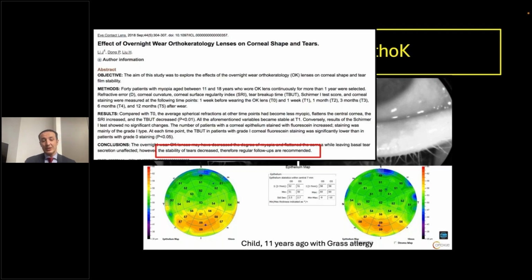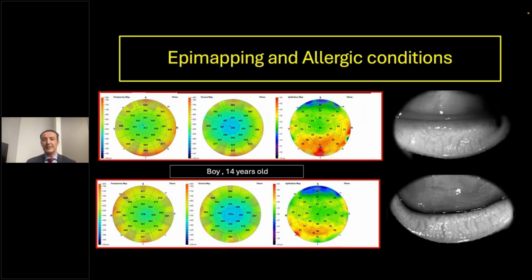And look, we know that during the orthokeratology, we observe an instability of the tear film, probably due to the accommodation associated with the inflammation from allergy. And look, another case of epithelium mapping and allergic condition.